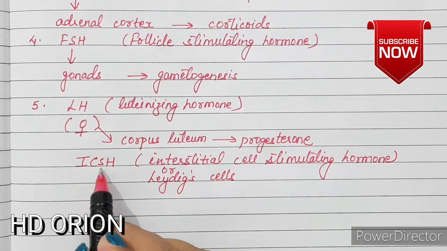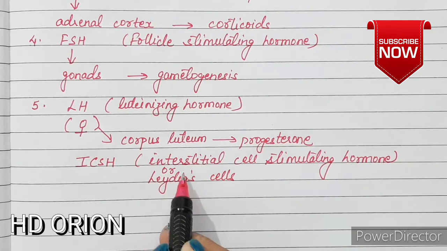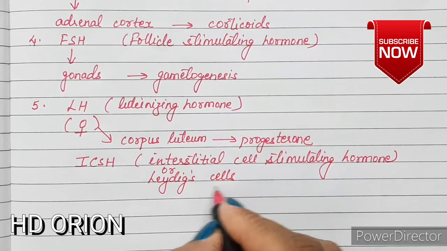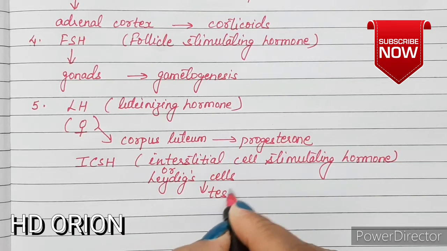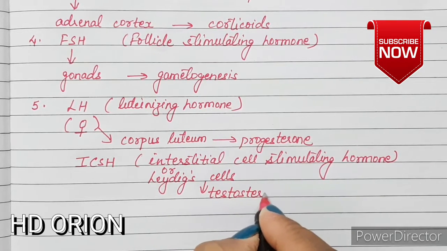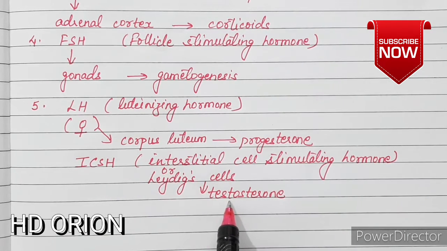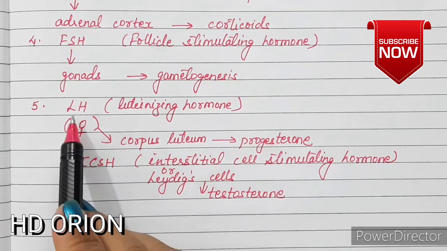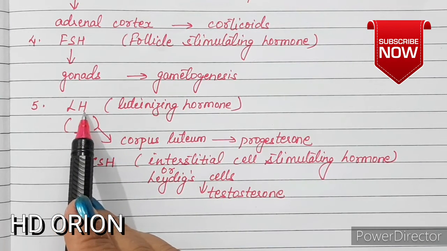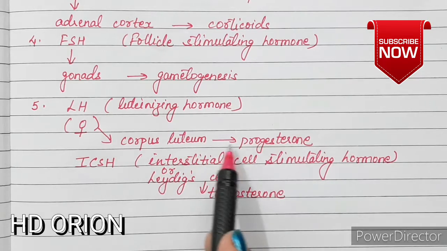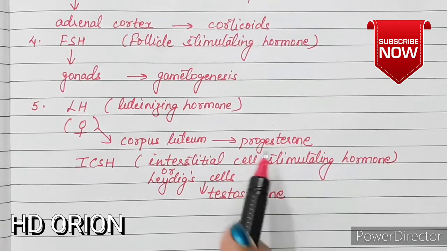So, when ICSH reaches the Leydig cells, these cells will be stimulated to produce the hormone testosterone. So, in males, ICSH will be produced to stimulate the Leydig cells to produce testosterone, while in females, the luteinizing hormone will be produced to stimulate the corpus luteum to produce progesterone.